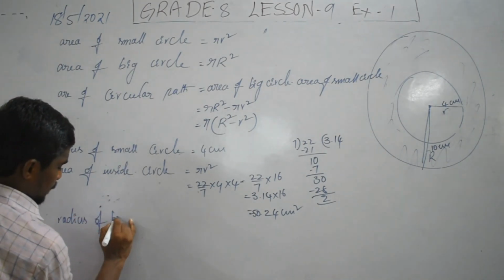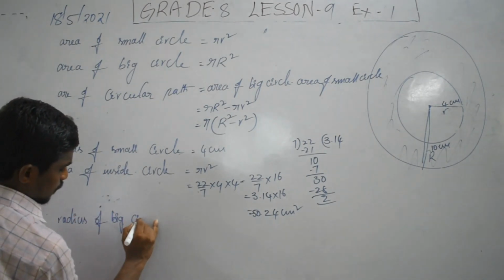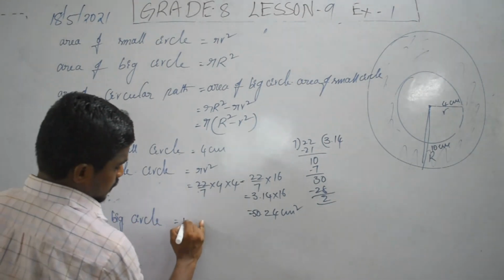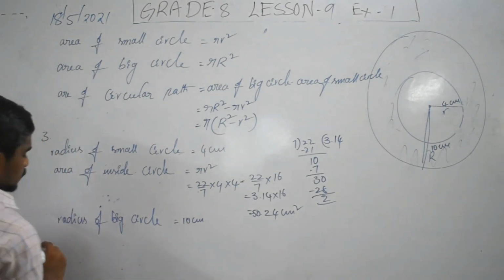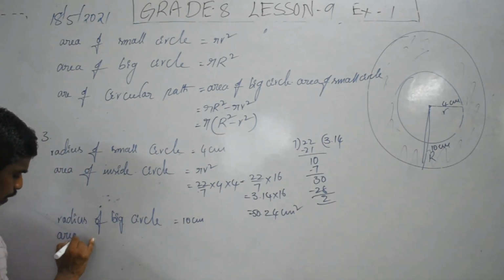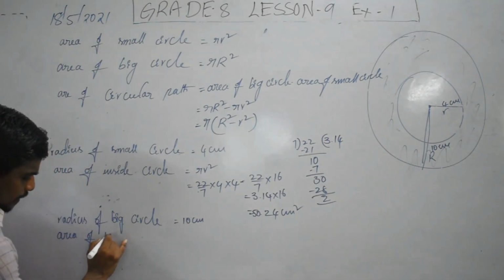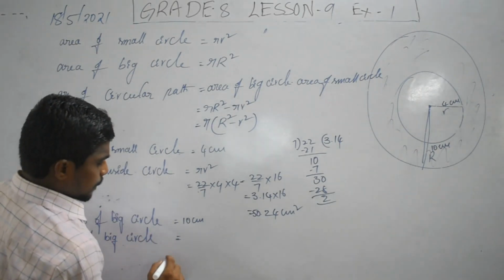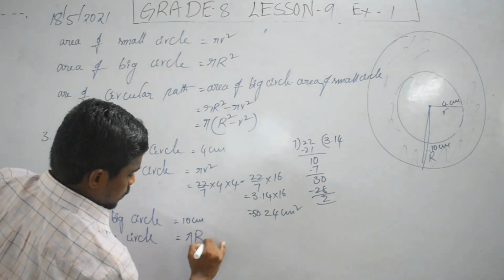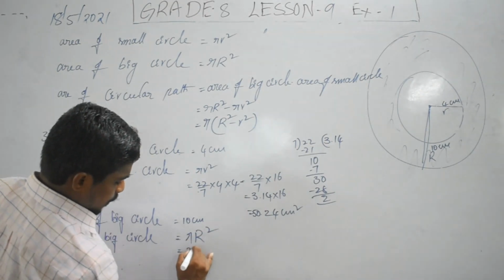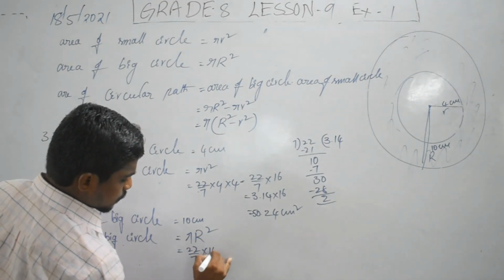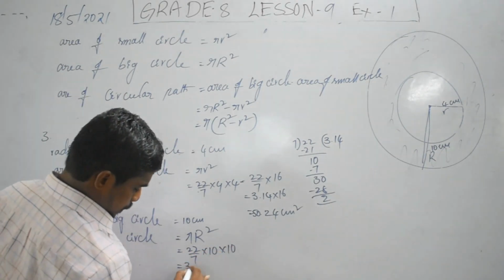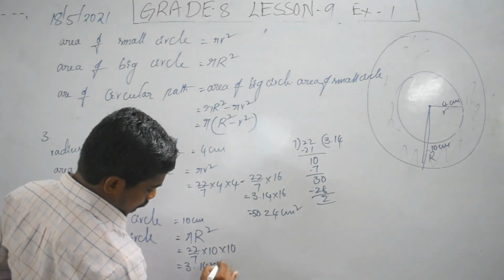Next, radius of the big circle. How much is the radius of the big circle? They have given 10 centimeters. Now area of the big circle: pi r square, so 22 by 7 cross out 10 cross out 10, that is 3.14 cross out 100.